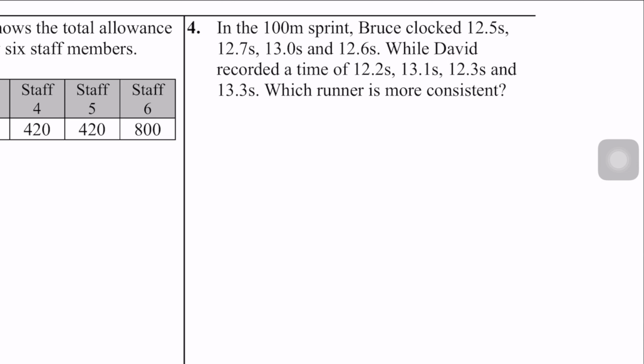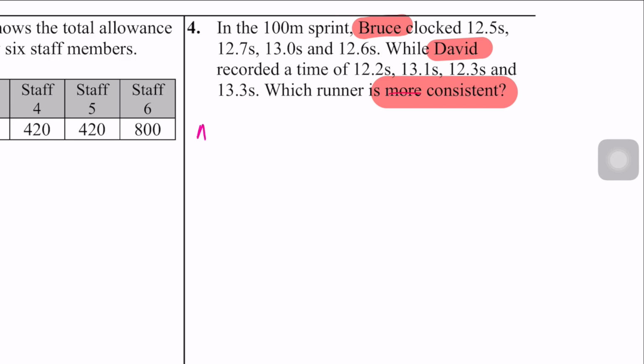So over here we can see that obviously it is about consistent. Consistent, and then there are two sets, Bruce and David. So obviously we need to use, what do we need to use? Standard deviation.